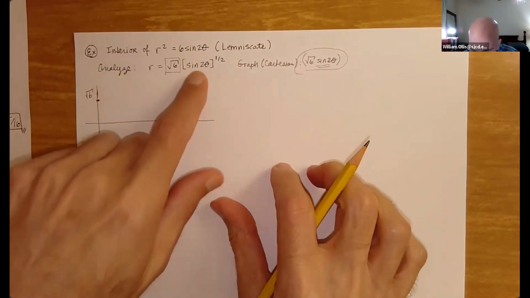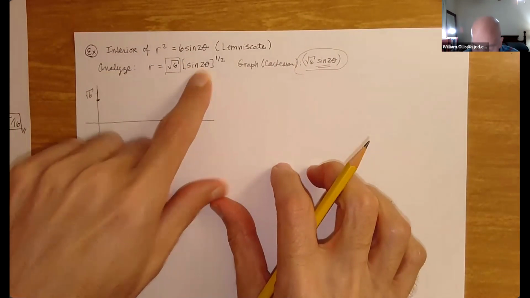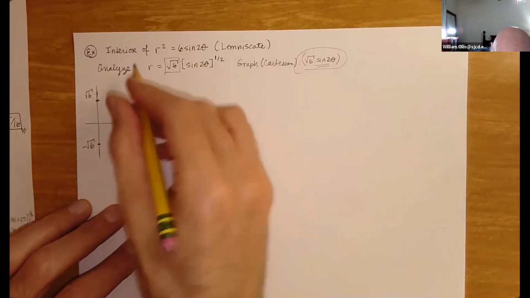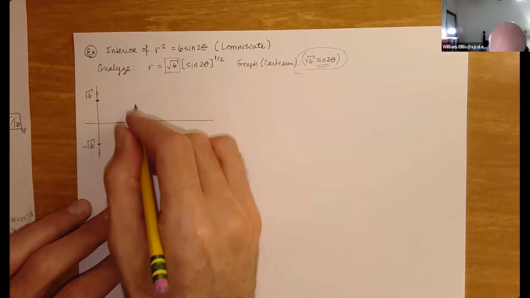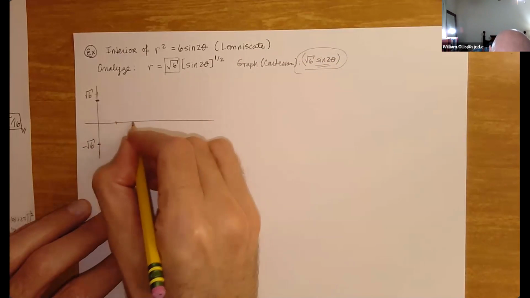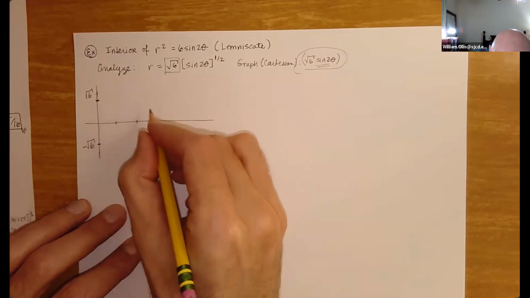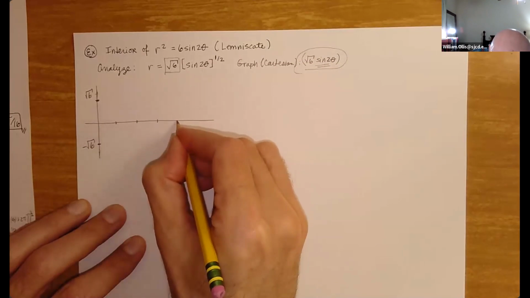So now, of course, the period's going to be cut in half to pi. So we can just basically do pi over 4, pi halves, 3 pi over 4, pi.